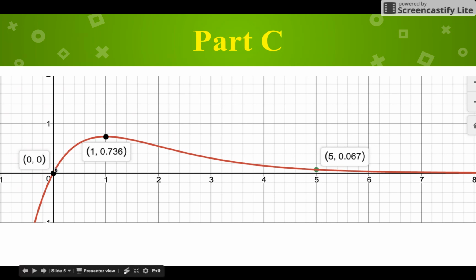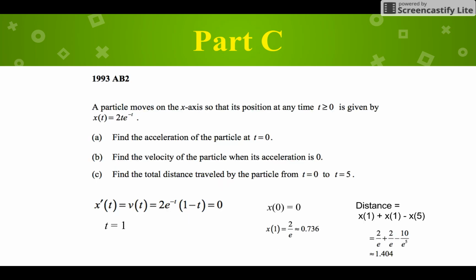So think of it like it's going across and coming back, and then going a little bit further back. It's going forward 0.736 and then going back 0.067, which is why it's x of 1 plus x of 1 minus x of 5.